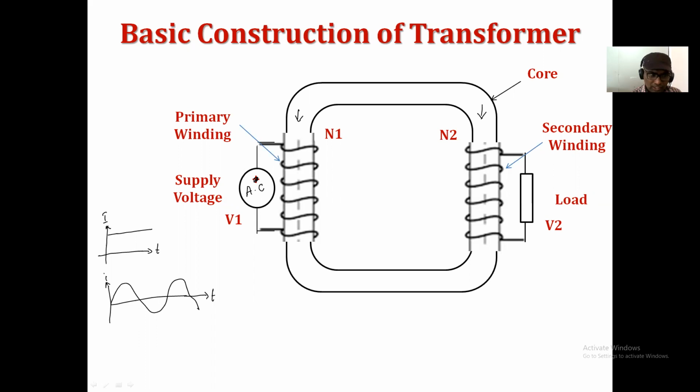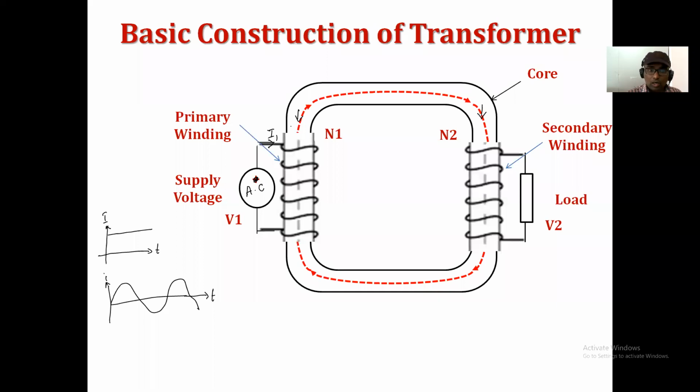And the basic requirement is that when the alternating current flows through the primary winding, let's assume it's I1, we call it the primary current. When the alternating current flows, according to Faraday's law, this change in current in the primary winding creates the alternating magnetic flux in this way.